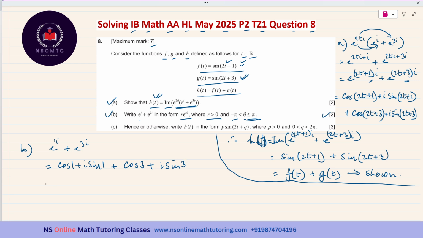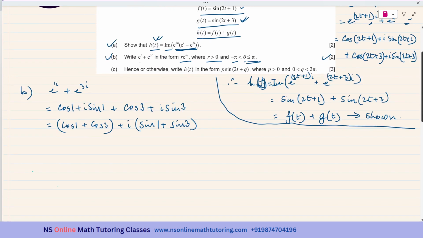Okay. And if we group the real and the imaginary parts, we get cos 1 plus cos 3 plus I times sin 1 plus sin 3. Okay. And this is of course in Cartesian form.